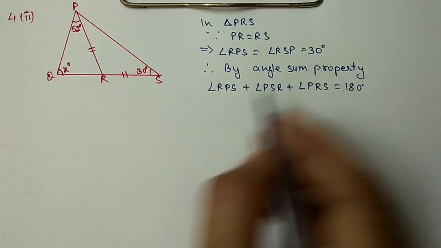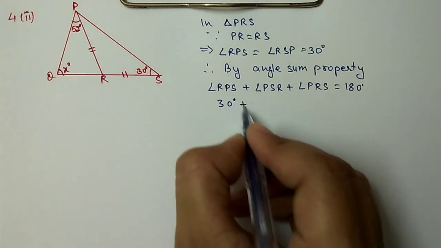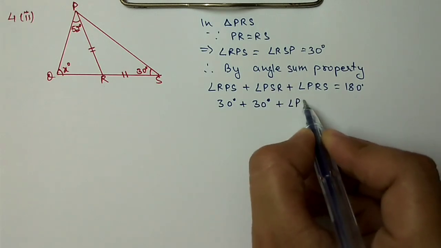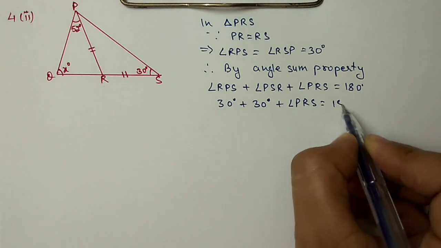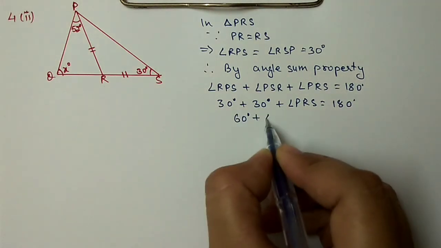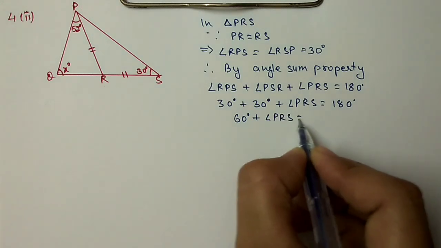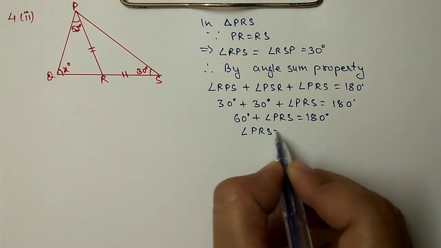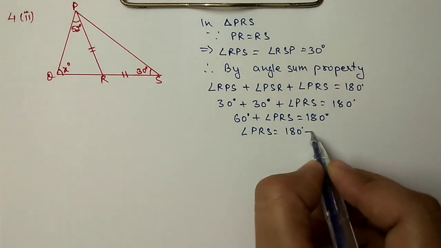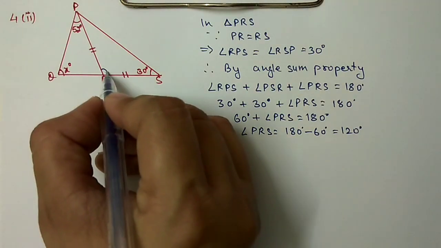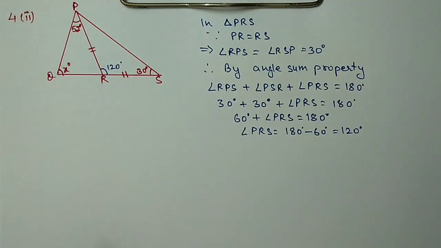This we have calculated 30 degree. This is also 30 degree and this we have to find out. 30 plus 30 will become 60 degree. So angle PRS is equal to 180 minus 60 equal to 120 degree. So here this angle we got 120 degree.